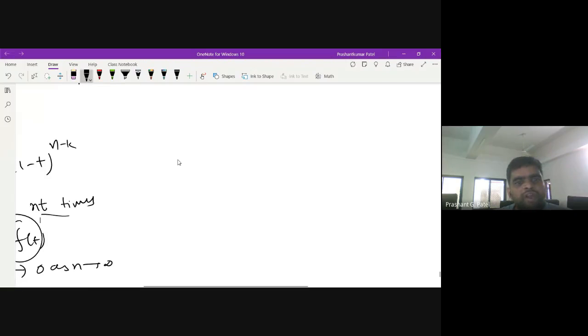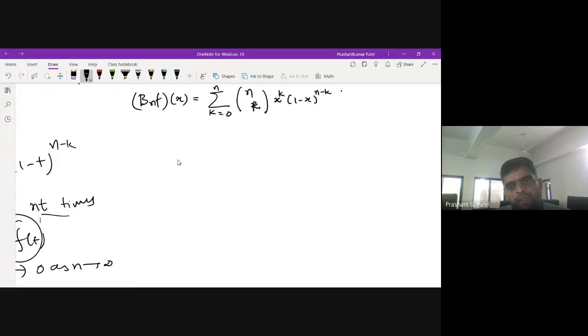As I have defined, Bn of f at x is equal to summation k running from 0 to n of nCk x power k, 1 minus x power n minus k, f of k by n.